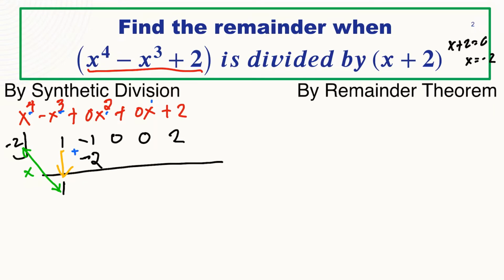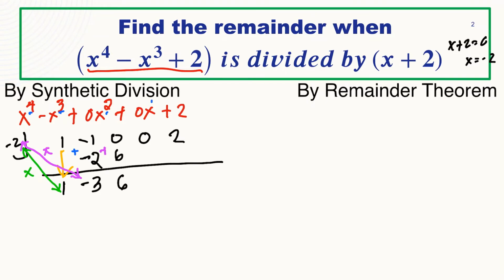Now we multiply negative 3 and negative 2, so that will give us positive 6. Alright, so 0 plus 6 is simply 6.